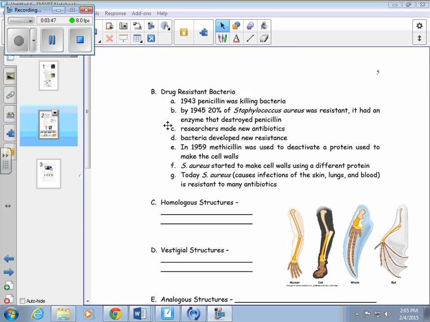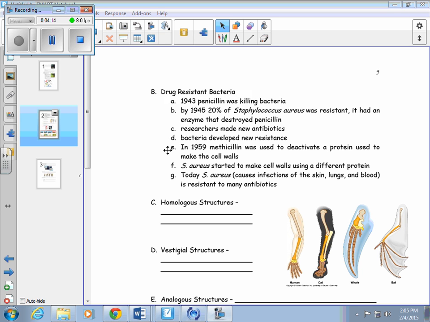We have ampicillin, amoxicillin, and what has happened also is that bacteria are now developing new resistances to those new antibiotics. And all it is a change in their DNA, and the DNA makes either a new enzyme or more of an enzyme, or maybe not an enzyme, and the bacteria is now resistant.